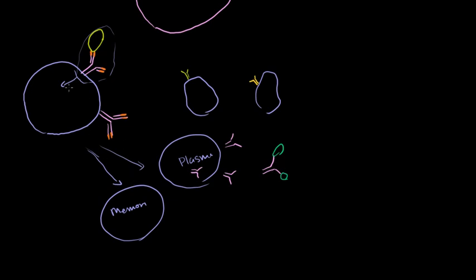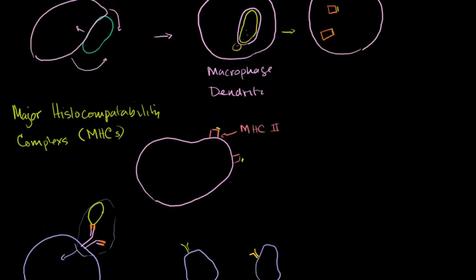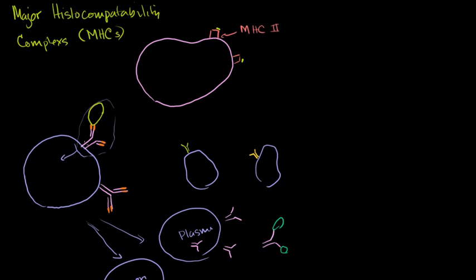I'm not going to go into detail on that. That's when it gets activated. But the interesting thing is that the B cell will also do what the phagocytes do. The B cell will also take this guy into the cell, maybe he's initially attached to the antibody, and break him up, take pieces of this pathogen and attach them to MHC2 proteins, and then present them on the surface.